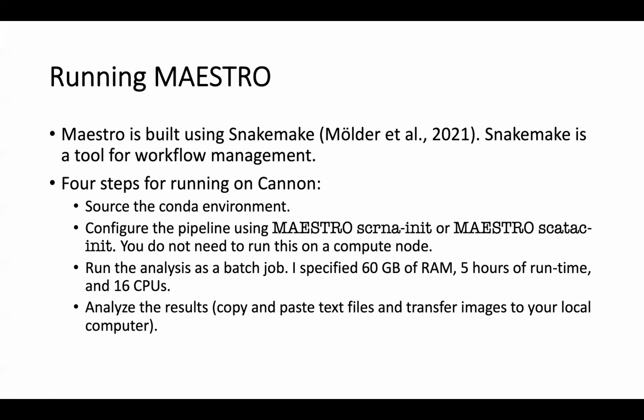I wouldn't recommend srun, although it could be possible. But for a job this long, you really probably want to use sbatch. The parameters that I set specifically for each were 60 gigabytes of RAM, 5 hours of runtime, that's the time max, and 16 CPUs.